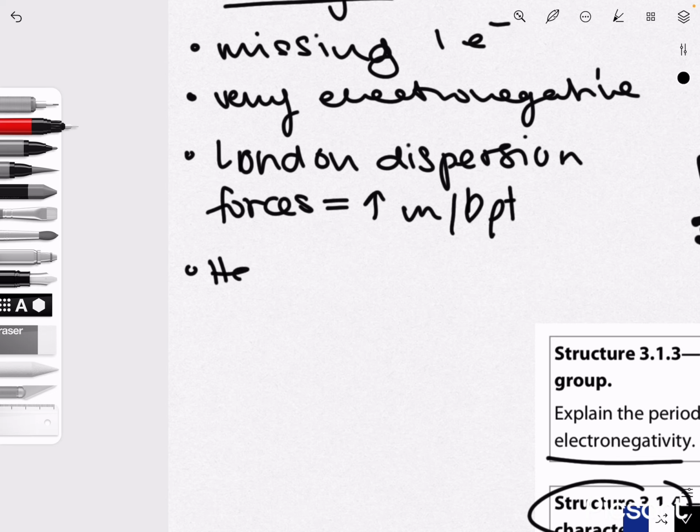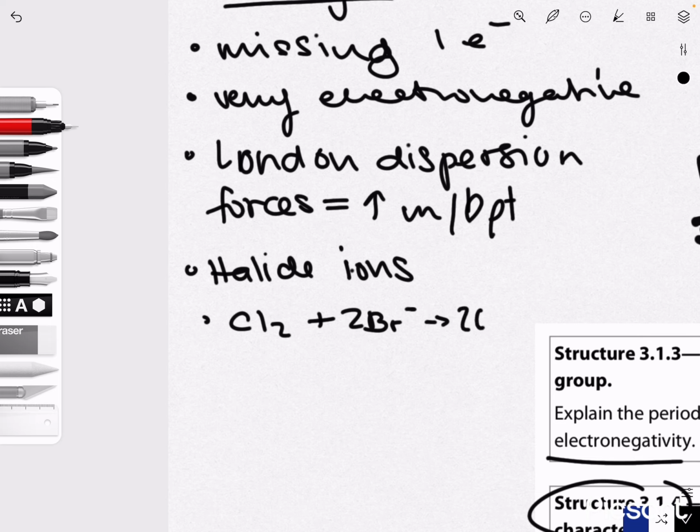So your halide ions, let's just give us an example here. Cl2 plus 2Br minus gives you 2Cl minus plus Br2.